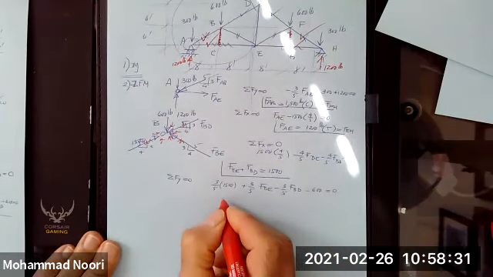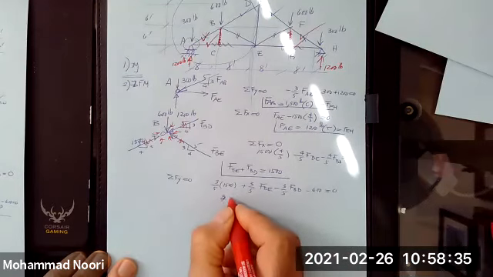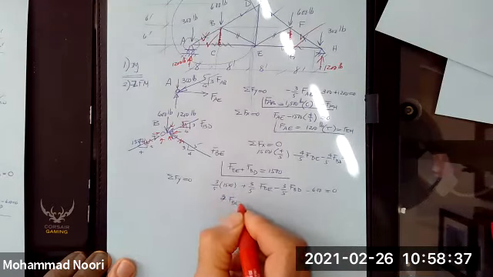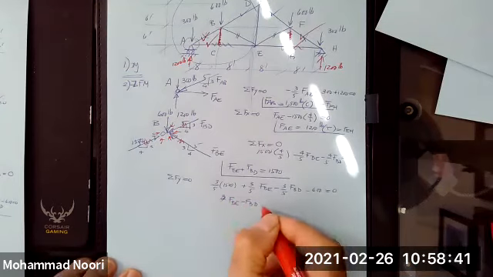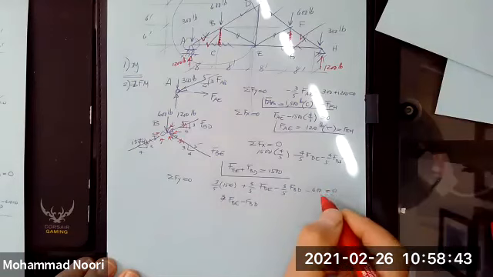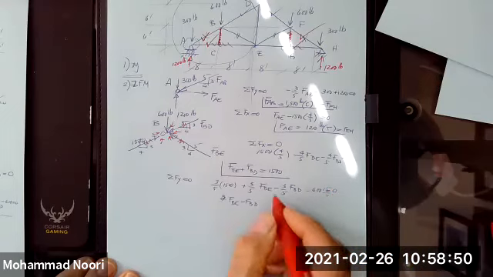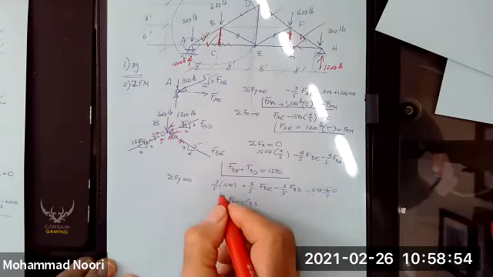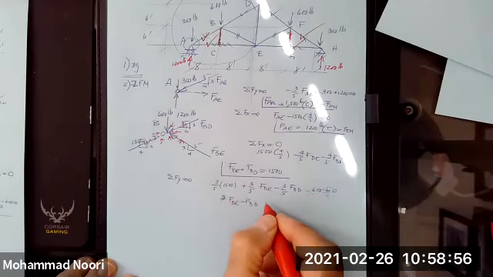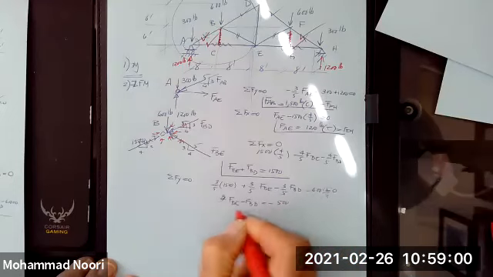So you get FBE minus FBD, okay, you need to multiply by 5/3. That's what I did. So this is 1,000. So you get negative 1,000 plus 1,500, you get negative 500.